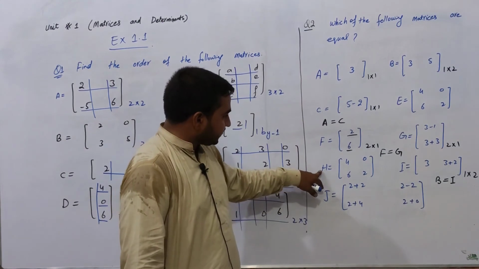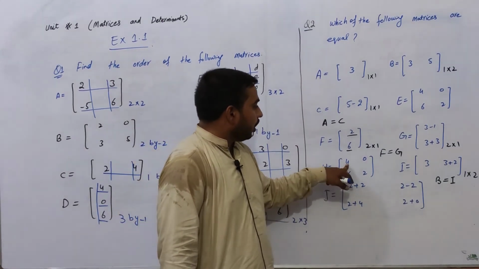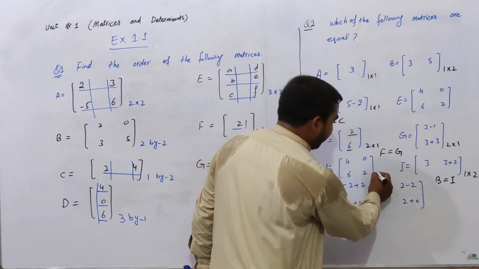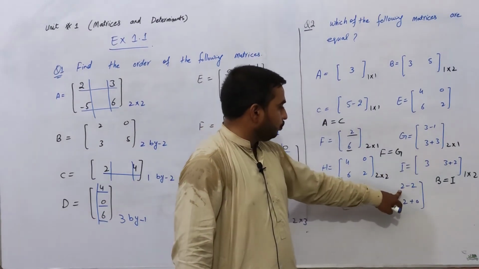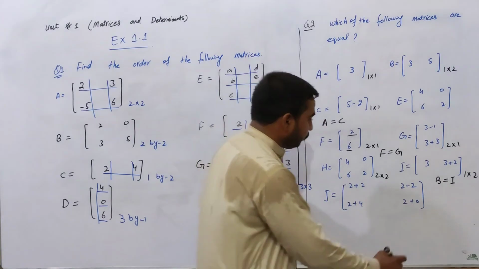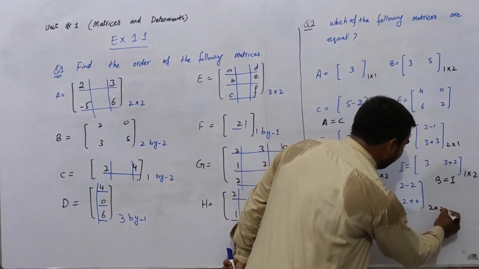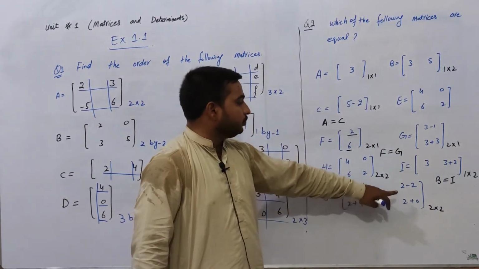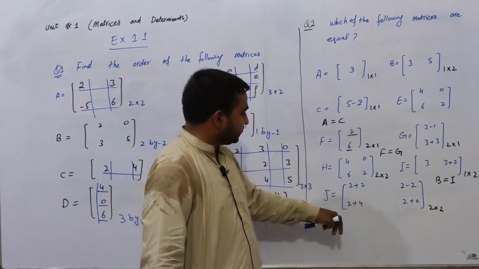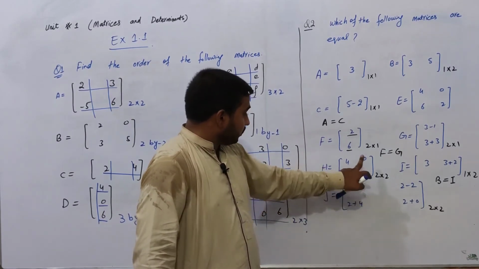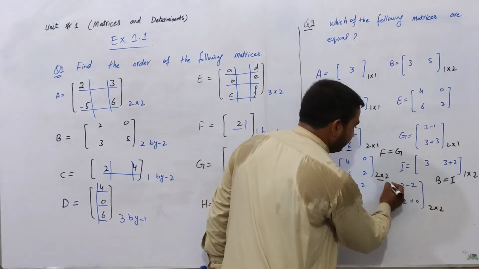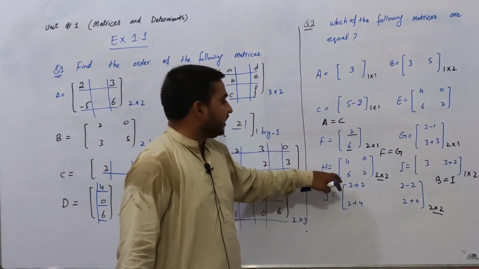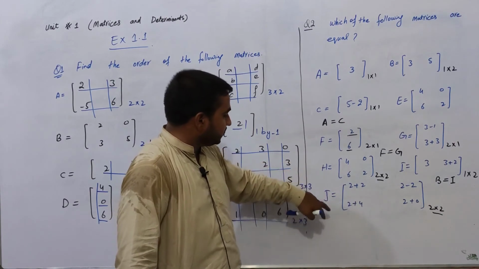Then we check the matrix H. The order of the matrix is 2 by 2, and J is 2 plus 2, 2 minus 2, having order 2 by 2. First of all, we add or subtract, then we check the order of the matrix. H and J have the same order, then we check the corresponding elements.